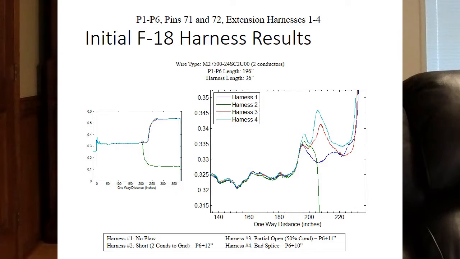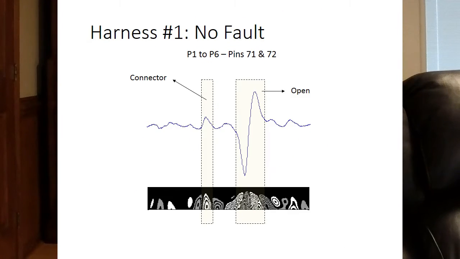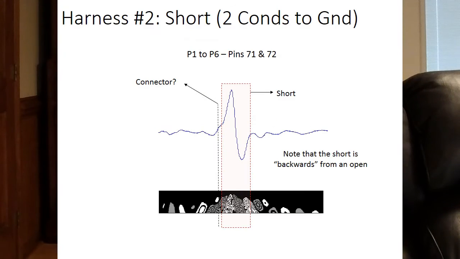So we did a project applying these techniques to wiring harnesses in F-18s. This was for the US Navy, NavAir. And what you're going to see here is some TDR signals for wiring harnesses in F-18s. And it worked pretty well.